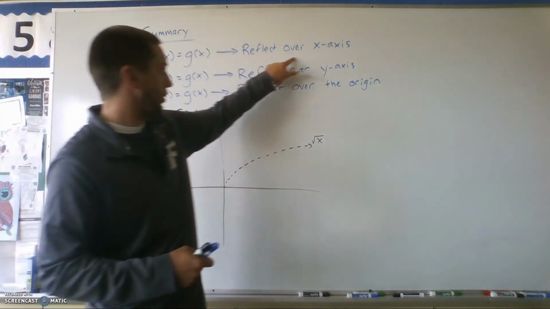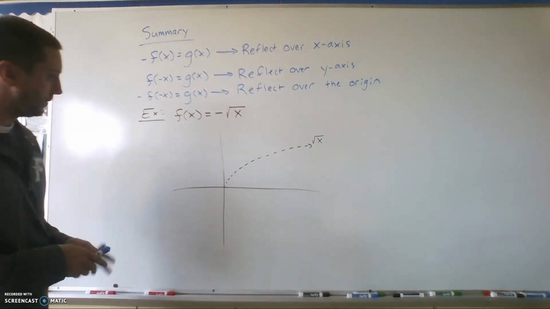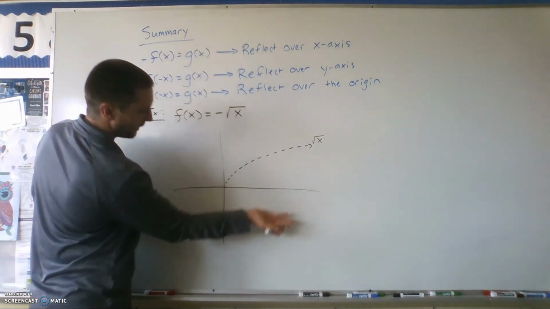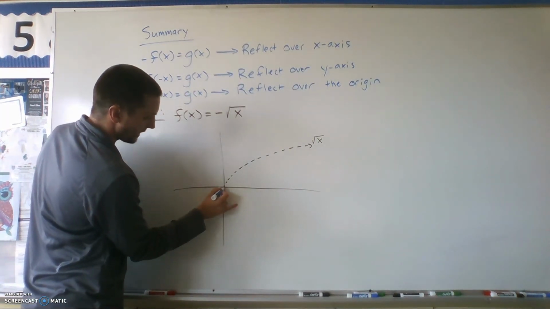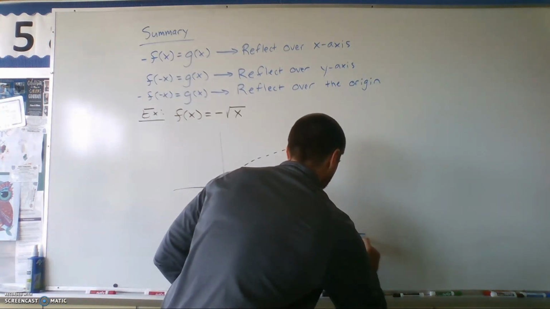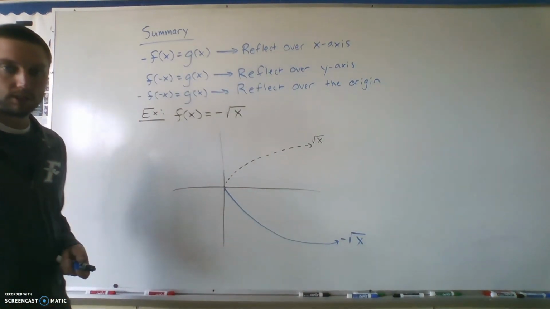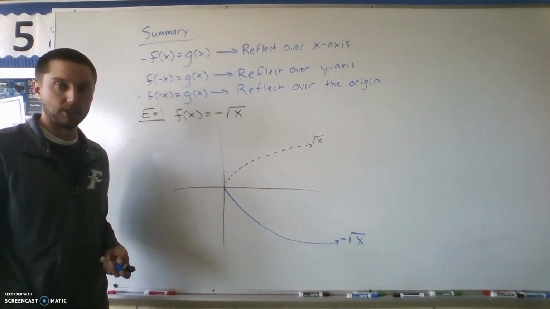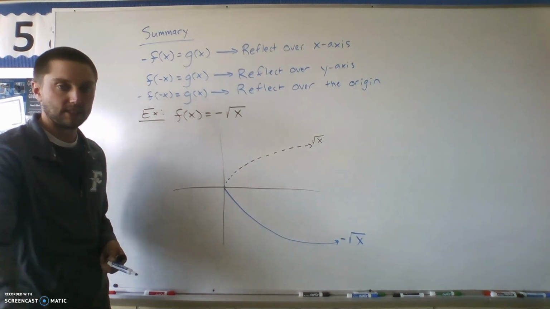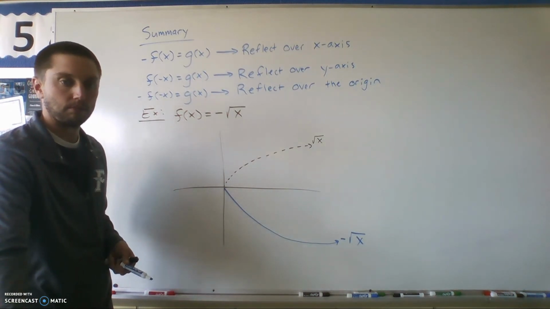It's out in front, so this is a reflection over the x-axis. And so if I want to graph negative f of x, all I have to do is take this graph and just reflect it over the x-axis. And boom, there you go. That was a pretty bad reflection, but you guys get the idea. So it's a reflection over the x-axis.